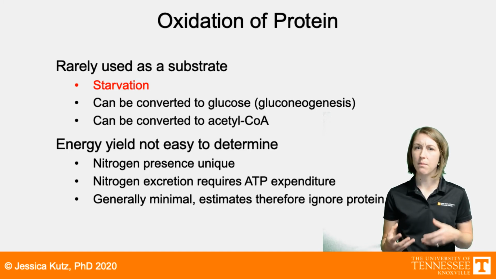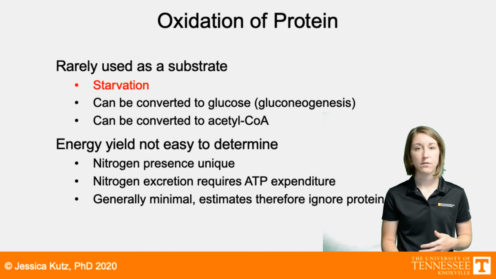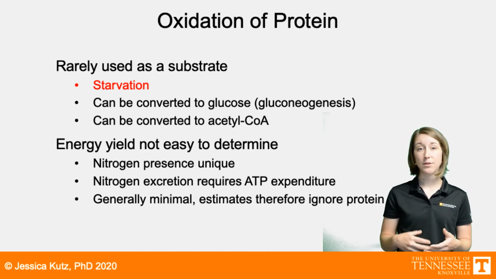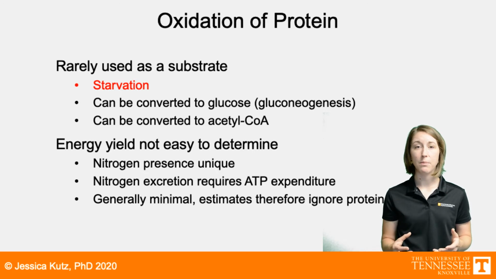Partly because we have to monitor the nitrogen excretion within the body to be able to determine how much protein is being broken down, but that process alone requires us to put ATP into the system. So now we're trying to balance how much ATP is going in to excrete this much nitrogen, and honestly it ends up usually being a pretty negligible amount.